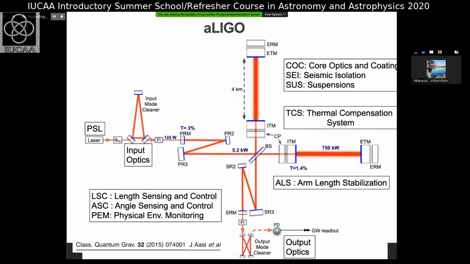And then we have the arm length stabilization system. This arm length stabilization system, what it does is it isolates the 4 kilometer arms from the rest of the interferometer. As you can see in here, when we talked about the power recycling cavity and the signal recycling cavity, we're bringing in multiple cavities together, which means the light from one gets coupled into the other.